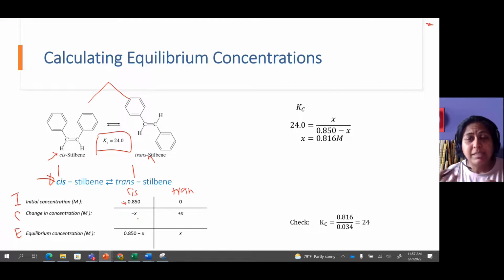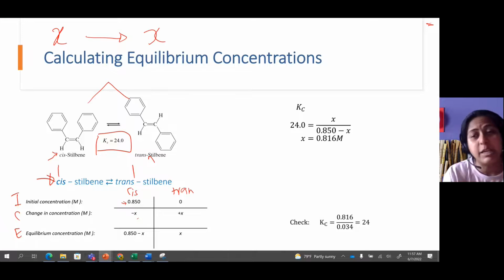The amount produced from the products is determined based on the stoichiometric ratio from the balanced chemical reaction. Since the stoichiometric ratio is 1 to 1, if X amount was consumed from the reactant, then an X amount will be produced from the products.